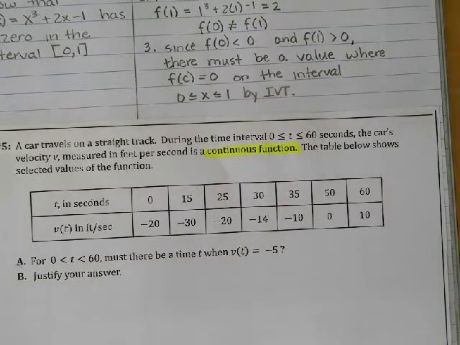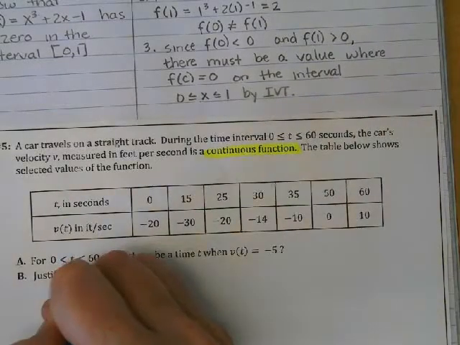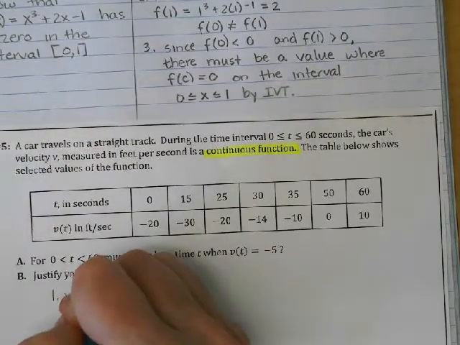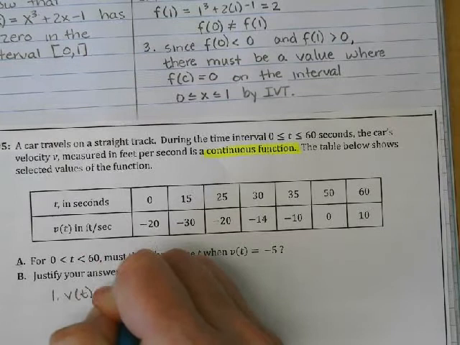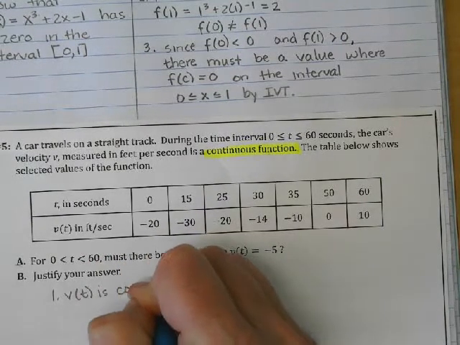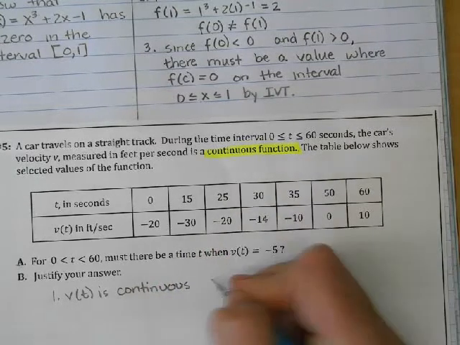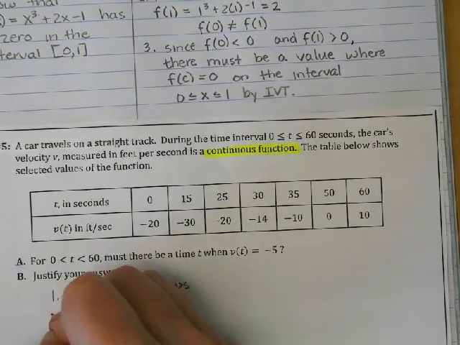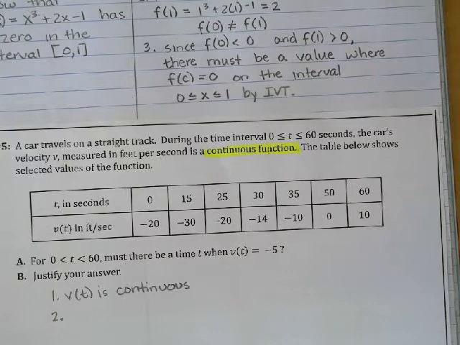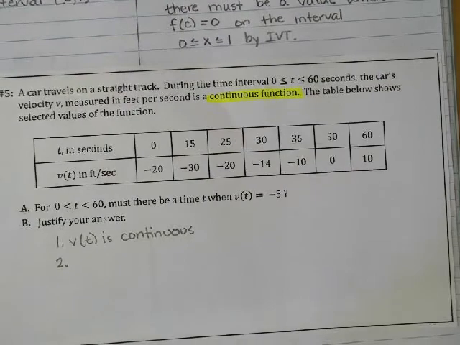You have to go 20, 21, 22, 23, and so on. Okay, so we have to justify our answer. So I'm going to start with that the velocity is continuous. And I could say given, or I could just kind of, yeah, velocity has to be continuous.